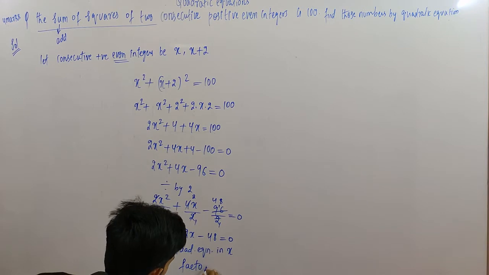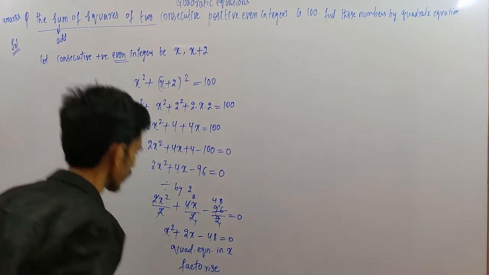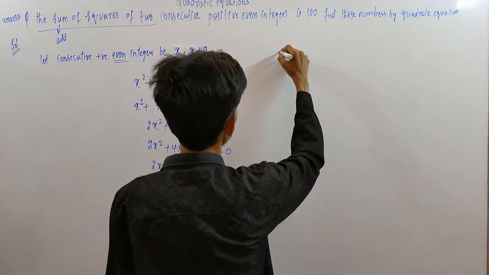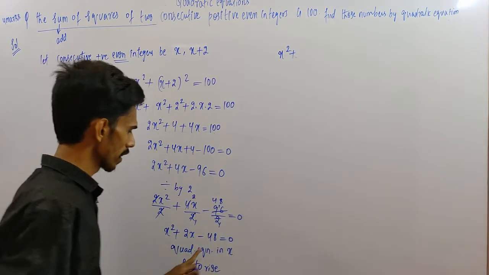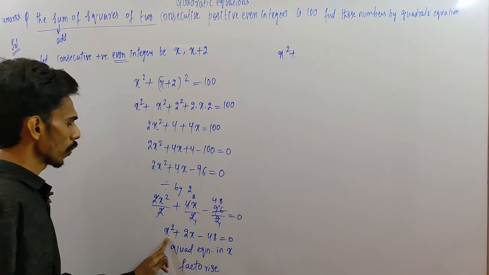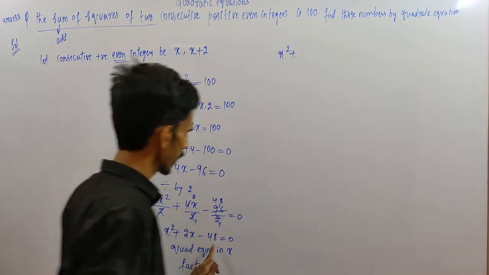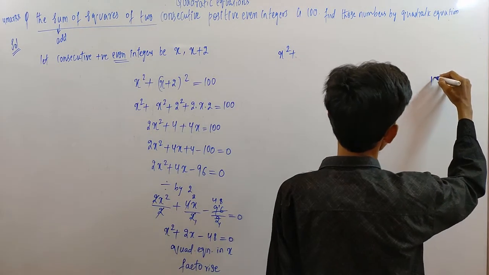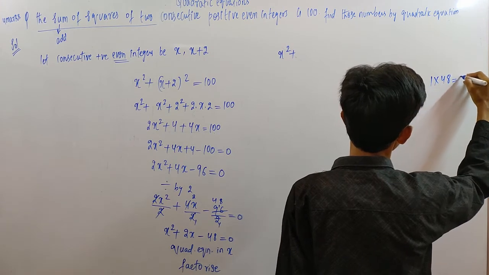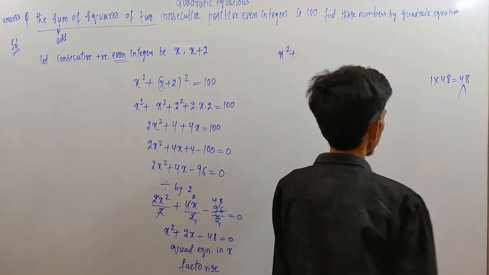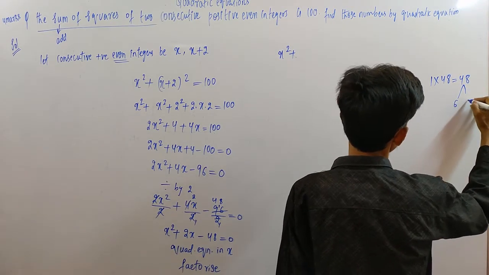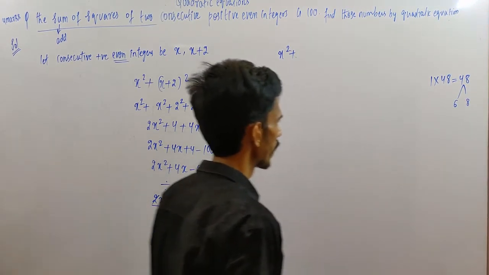Let us factorize this. Now factorize the quadratic equation. We have x square. Now split this 2x. Here we have 48. The coefficient of x square is 1, so 1 into 48 we have 48 only. Factors of 48: 6 eights are 48.